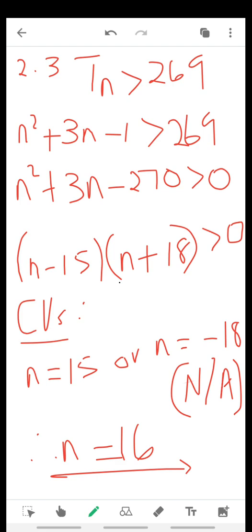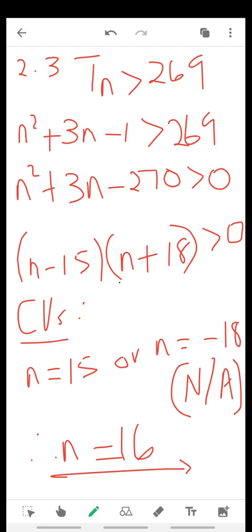Very, very important. Now, after finding that n equals 15 or n equals negative 18, negative 18 is not applicable. It's out. It's not a solution. But we are left with n equals 15. When we substitute n being 15 back into the original standard form equation, you find that we are getting exactly 269.